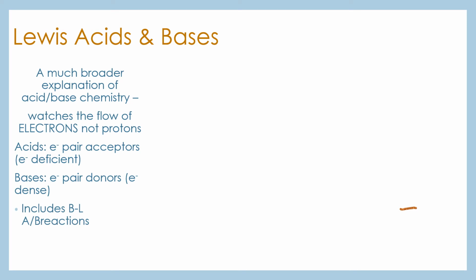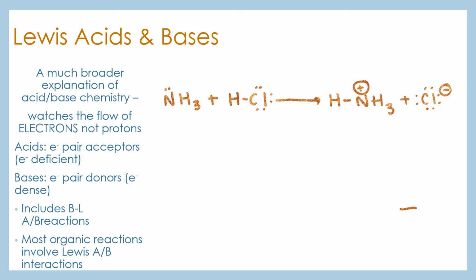This also includes your Bronsted-Lowry acid-base reactions, and most of our organic reactions involve some sort of Lewis acid-base interaction. So for example, if you react ammonia with hydrochloric acid, there's one thing happening here, and you can look at it in 2 different ways.